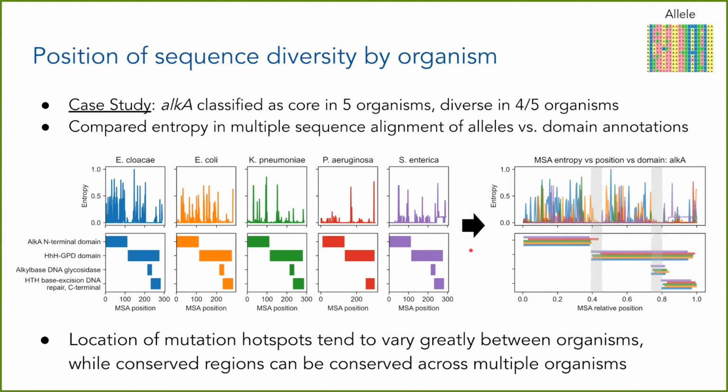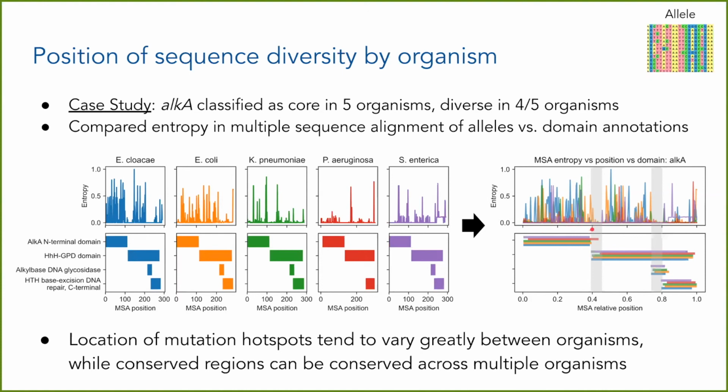And so by superimposing all these plots together, we first see that the location of mutation hotspots tend to vary quite a bit between different organisms. However, for conserved regions, there were 2 areas that were notably conserved across all 5 manifestations of this gene in these organisms.